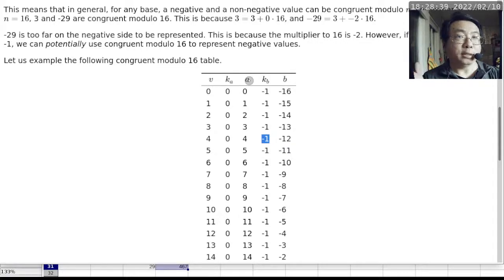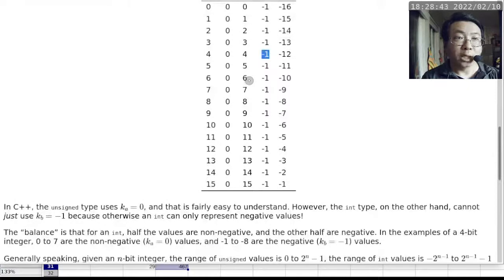So that's what happens when you say something is unsigned. If you use the type int, which is implicitly signed, then you cannot just use kb equals to -1, because if you use kb equals to -1 and only that column, then all the values you can represent are negative. You cannot represent positive and negative value.